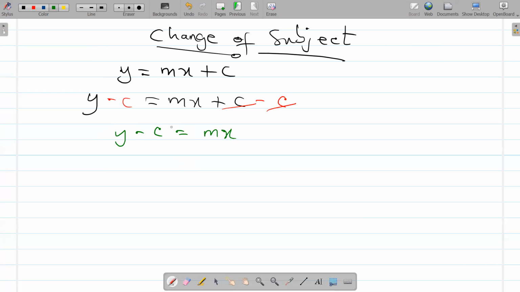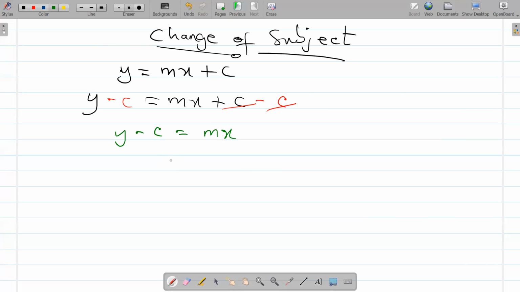Okay, but we still want the c to stand alone. So what are we going to do? So now we are going to divide. Or subtract. Subtract what, from both sides? We are going to subtract mx.